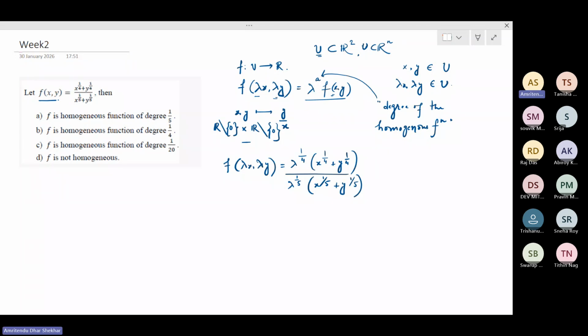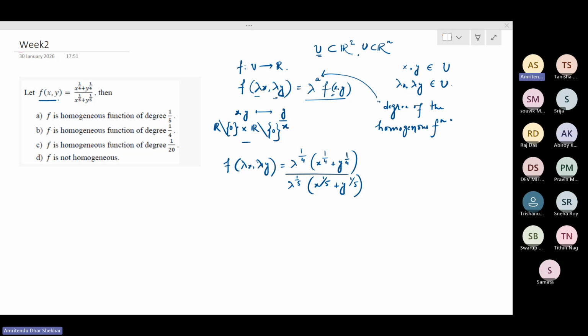Okay, and that's how you get the degree of this homogeneous function. Okay, I hope this is clear. This is a fairly easy problem to start with. Okay, so we are now going to move into some computational problems involving partial derivatives.